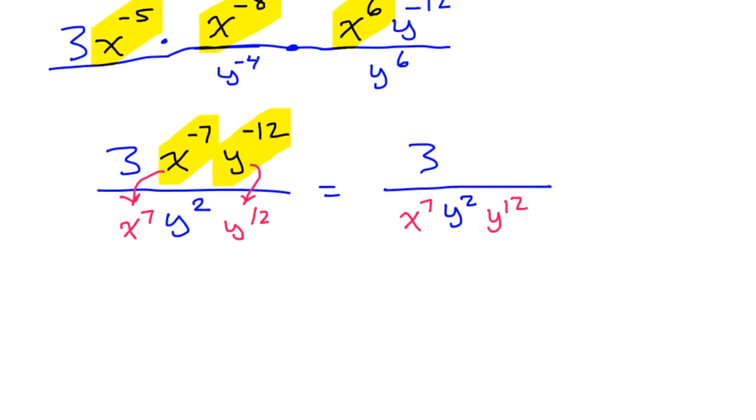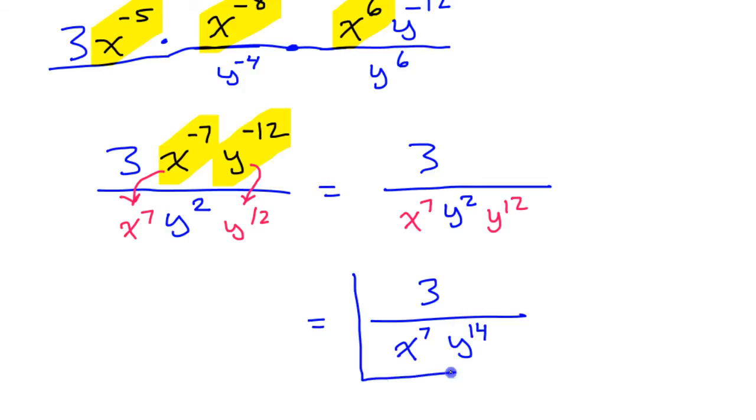So now it's time for the final answer. All right, that x to the 7th power is the only x, but I've got these two y's, so add those exponents, so that will be y to the 14th power. And that is the end of that, my friends.